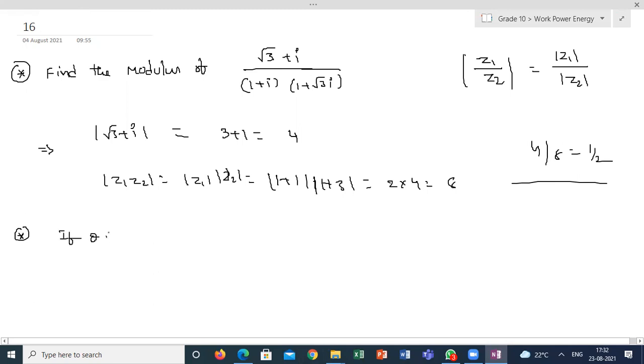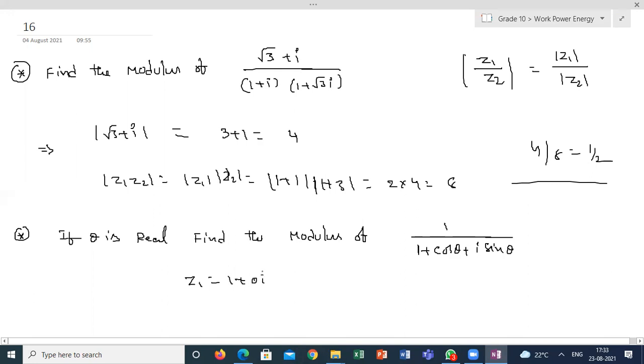If theta is real, find the modulus of 1 by (1 plus cos theta plus i sin theta). Same as before, your Z1 is equal to 1 plus 0i, whose modulus is 1.